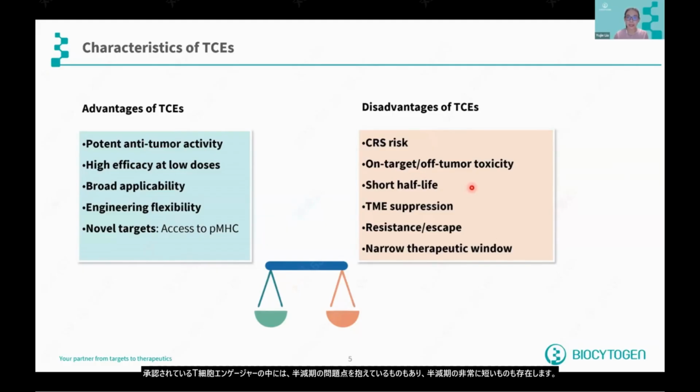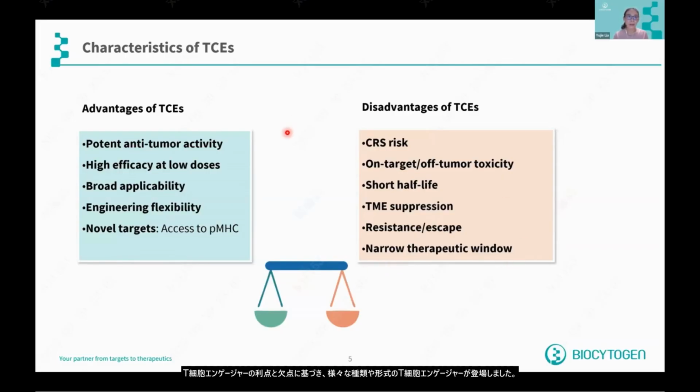They have a very short half-life, so it is not very convenient for patient treatment. Another issue is tumor microenvironment suppression and resistance or escape of the tumor from treatment. Meanwhile, there is also a narrow therapeutic window.